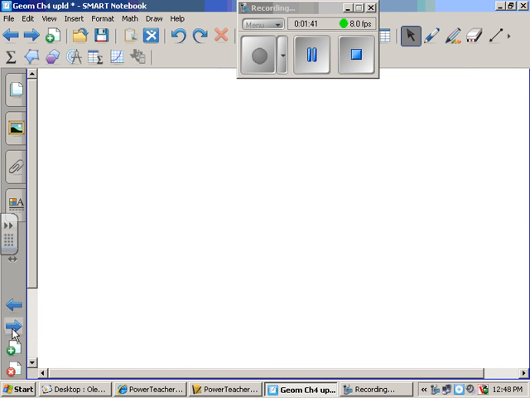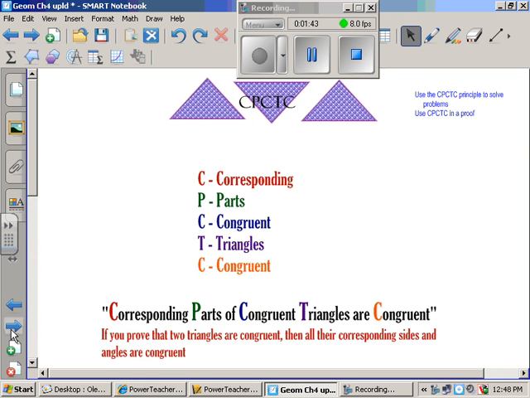So we have a shortcut for that called CPCTC. It stands for corresponding parts of congruent triangles are congruent. CPCTC. Corresponding parts of congruent triangles are congruent. Okay?